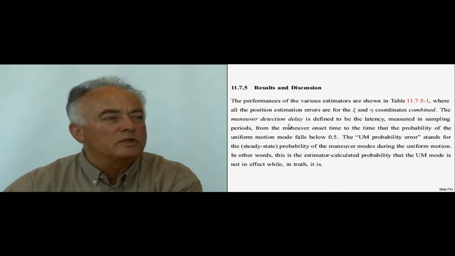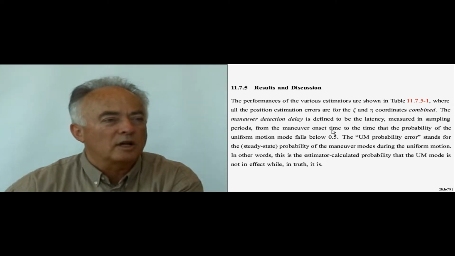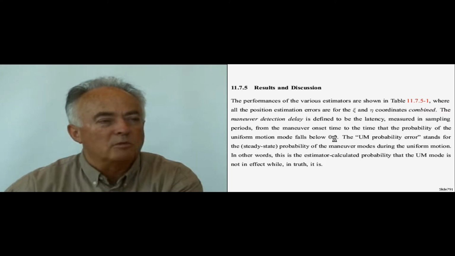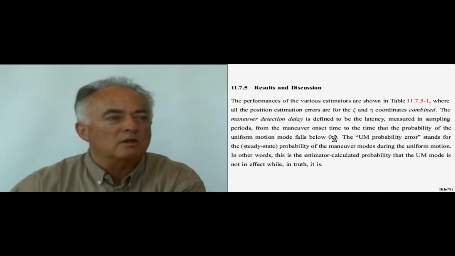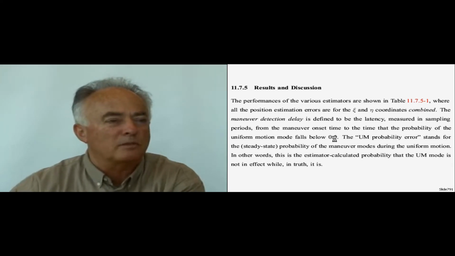We have a maneuver detection delay, which is the latency, measured in sampling periods from the maneuver onset time to the first time that the probability of the uniform motion mode falls below 0.5, namely the maneuvering mode probability is above 0.5, it dominates.